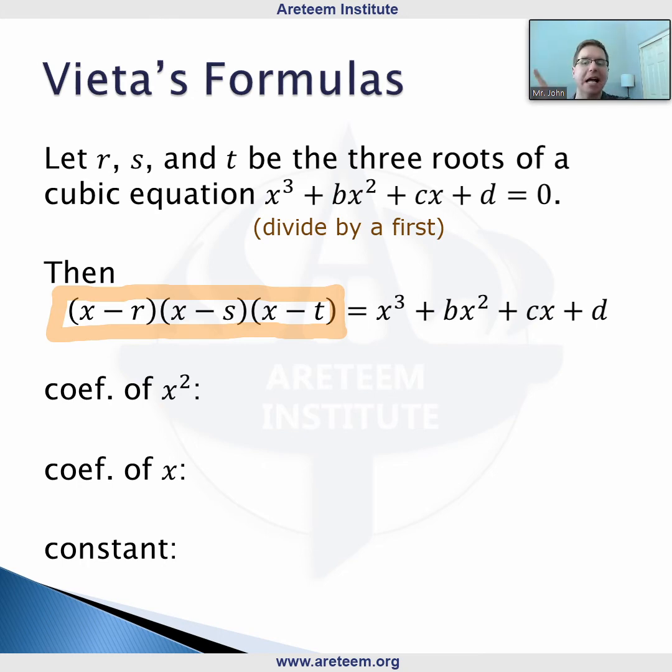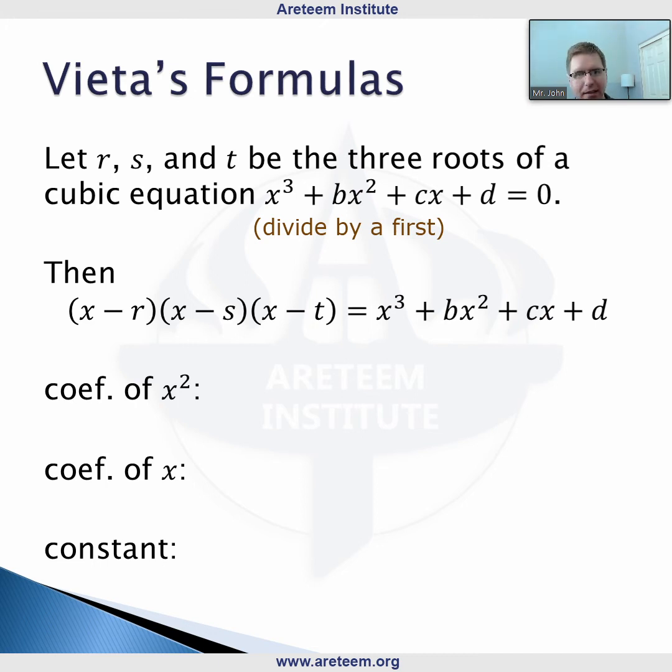So we have just x minus r, x minus s, x minus t. Now, this of course cannot actually change our equation. This has to still be equal to our cubic polynomial, x cubed plus bx squared plus cx plus d. Factoring it doesn't change anything.